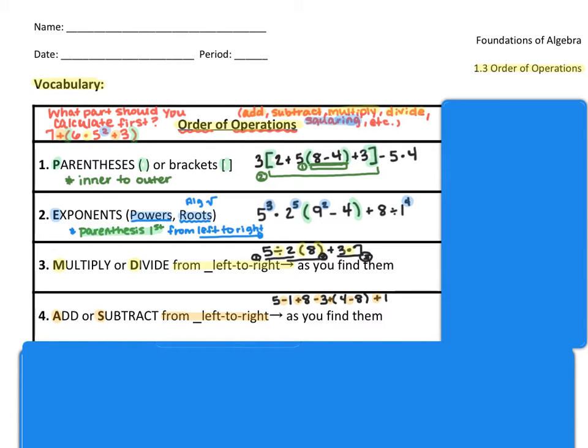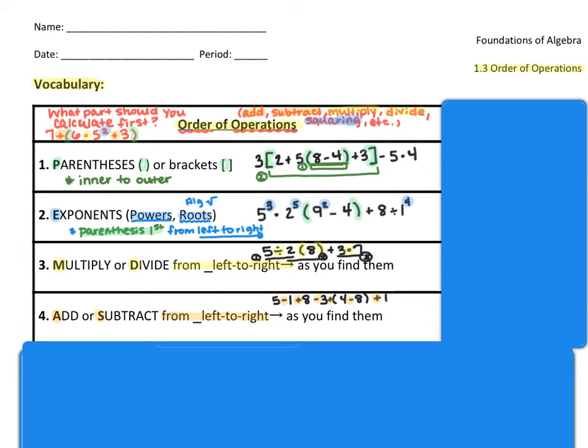Similar to multiplication and division, a lot of times just because we said add first, many people believe that when you do the order of operations of an expression, you're supposed to do your additions first. That is not true. You have to actually evaluate them from left to right as you find them. Again, they're like brothers and sisters, they are equal, and it's a first come, first serve rule.